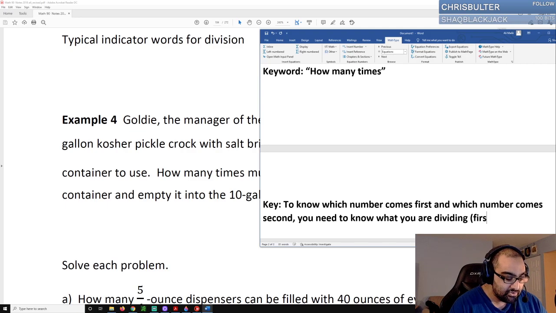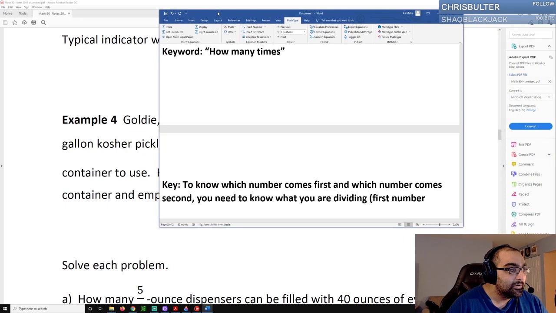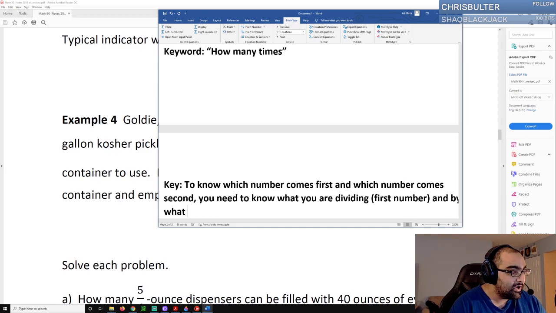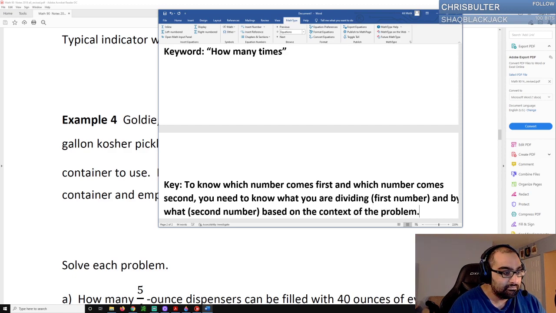So that's the first number. And by what, which is the second number. This is based on the context of the problem. So let's talk about what exactly that means.